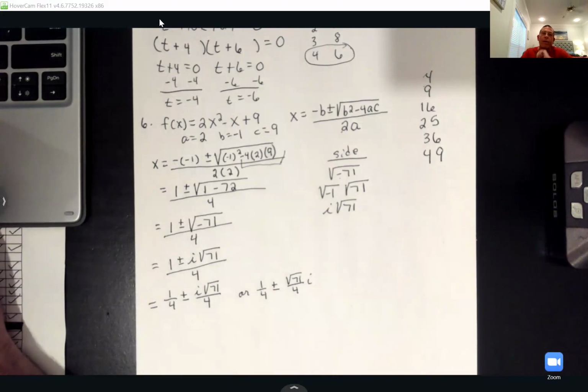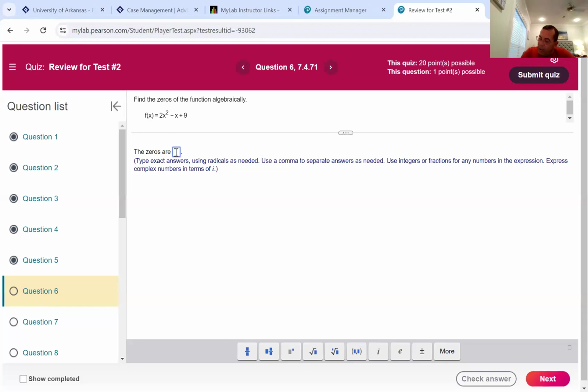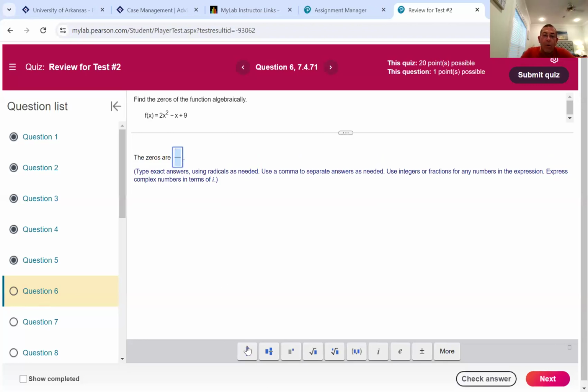So let's go plug that into MathLab and see what we get. So the first thing on this, I want to hit the fraction bar and put in my 1/4. So I have a 1 on top, arrow down and put in my 4. Then I'm going to arrow to the right and use the plus or minus. That way we only have to write the answer once instead of twice.